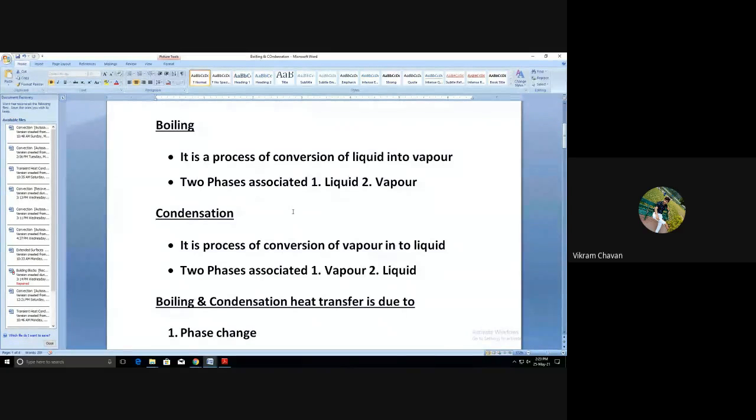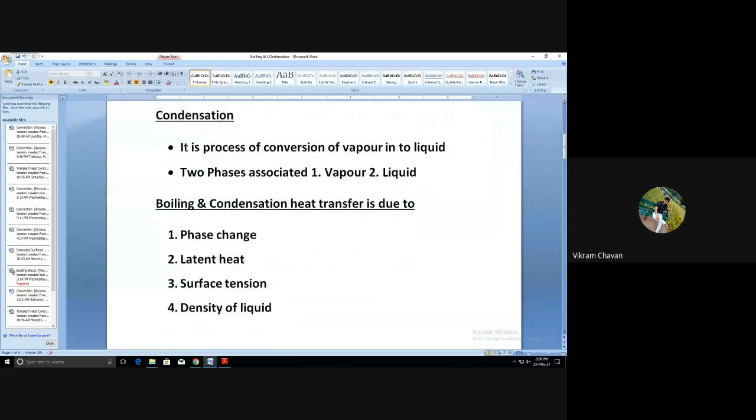The two phases associated with condensation are, first one is vapor and second one is liquid.